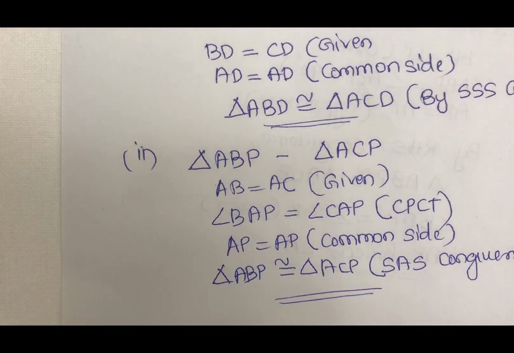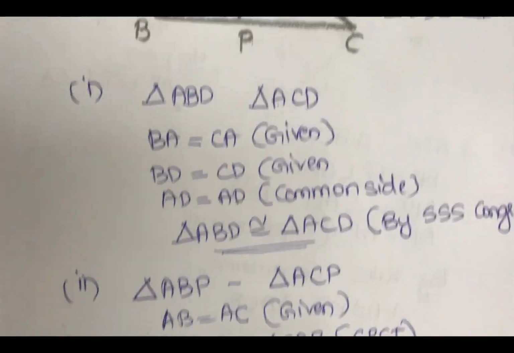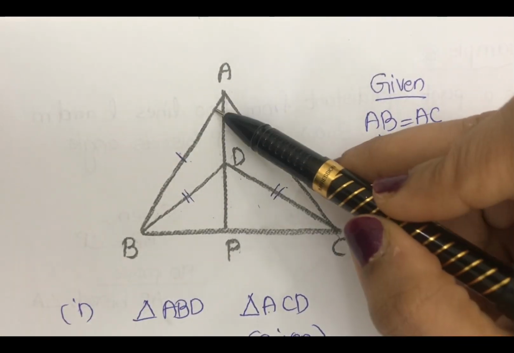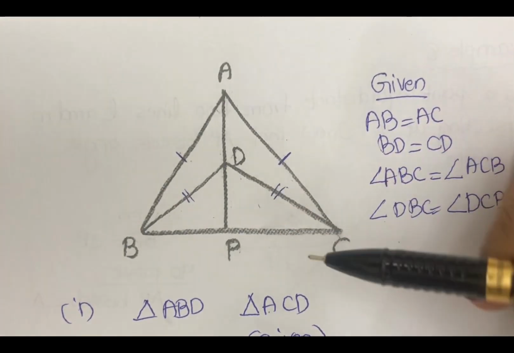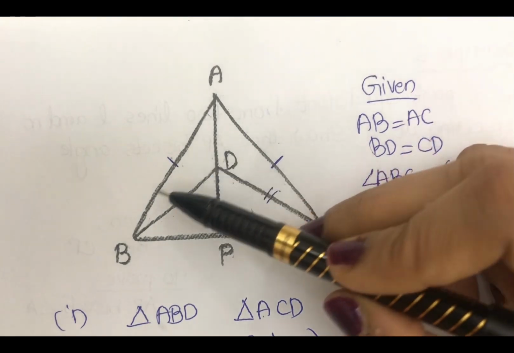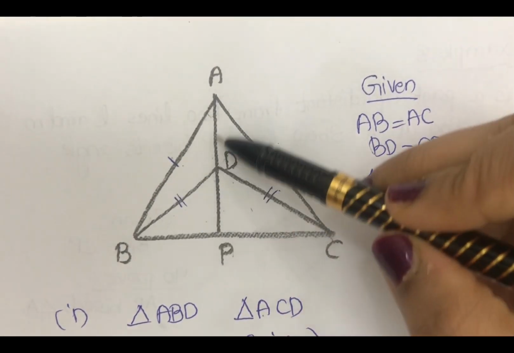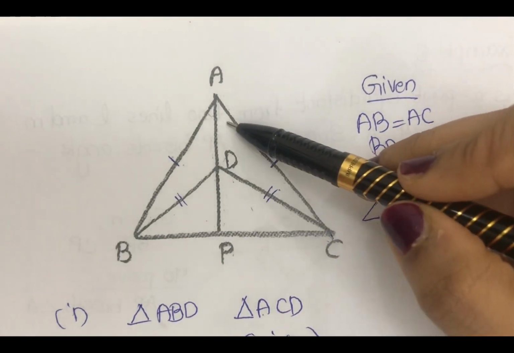Okay. Our third question is we have to prove whether AP bisects angle A and AP also bisects angle D. Okay, so we know that angle BAP and angle CAP are equal, right?